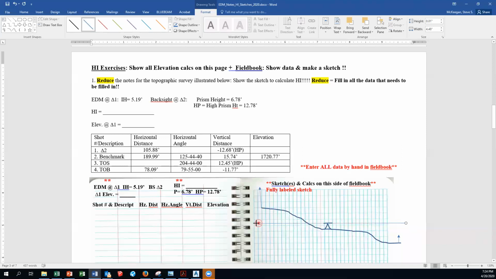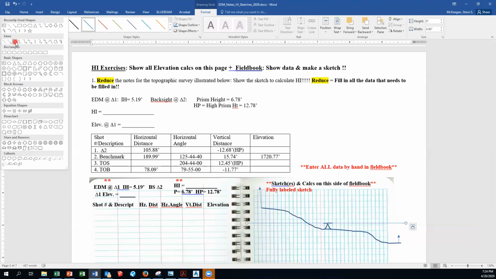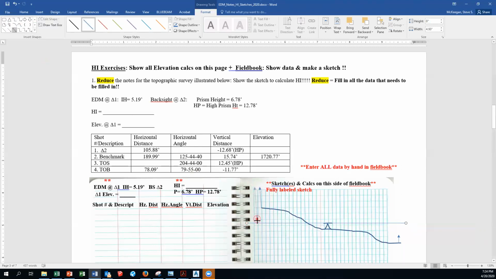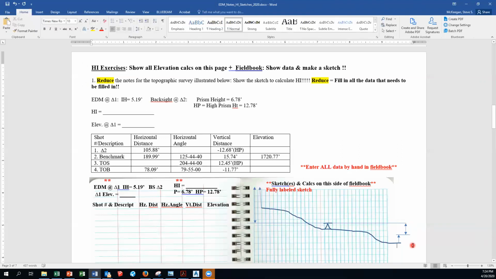And then the vertical distance over here is from here down here, and then here, over to here.